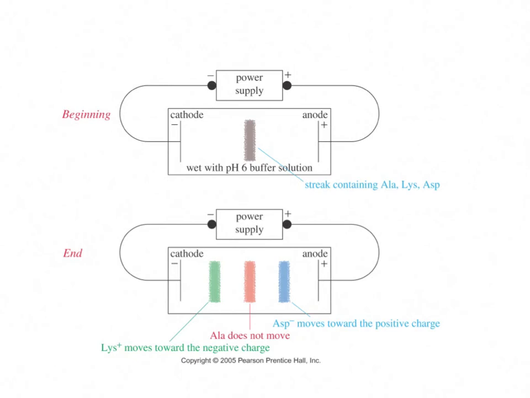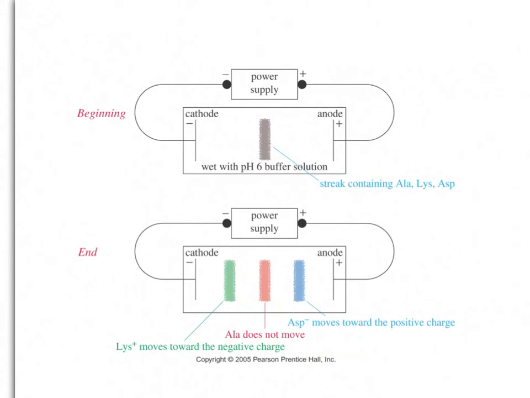So let's take a look at this. In our first setup right here, we are going to be applying a streak or a smear at pH 6. We're going to smear that mixture onto the gel. Then we are going to apply a current. The anode is the one that has the positive. The cathode is the one that has the negative.